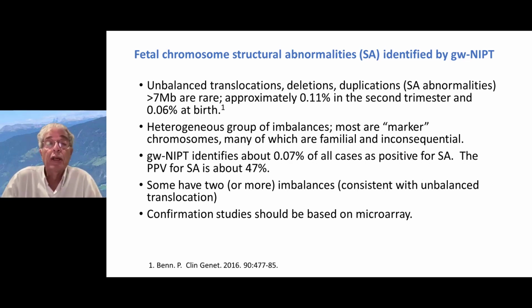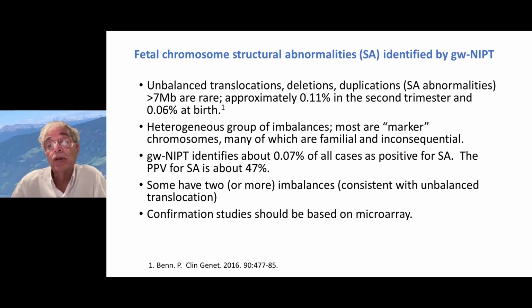So the results for genome-wide NIPT suggest that about 0.07% of the cases will be positive for a structural abnormality. But again, here we don't necessarily find that this is diagnostic. On the contrary, about less than half of them will actually turn out to be true positive results.